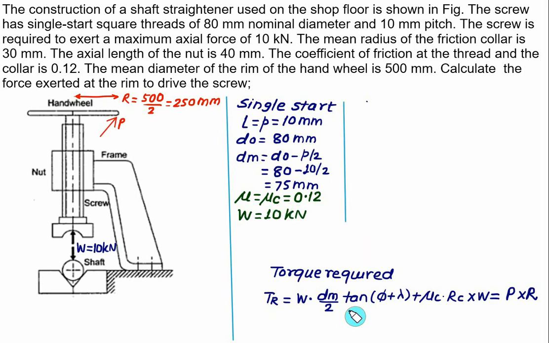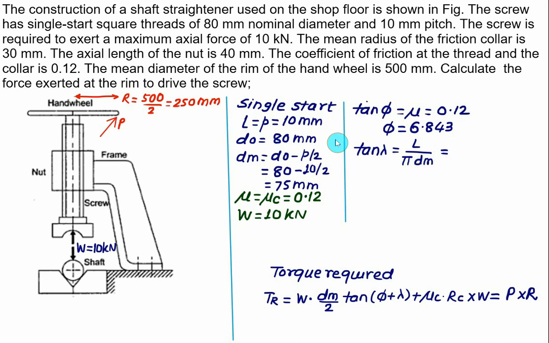Now two values are required, one is phi and one is lambda. So we have tan of phi equal to mu, which is equal to 0.12. If we take the tan inverse, we can calculate the friction angle phi, which is equal to 6.843 degrees. Then we require the value of lambda, that is the lead angle. So we have tan of lambda equal to lead divided by circumference, which is pi multiplied by dm.